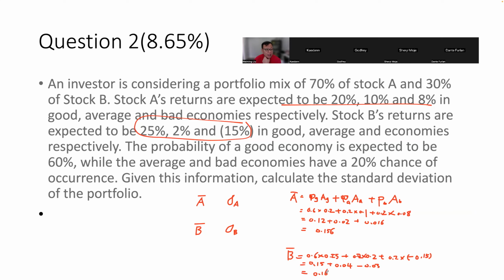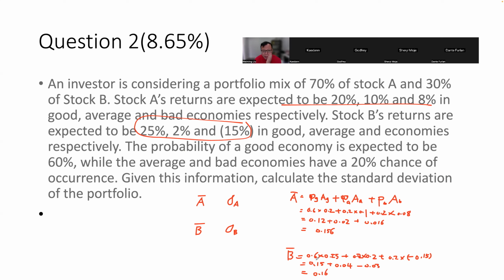Is that correct? For the average of B, did anyone get this number? The expected return of B should be 0.16. Is that correct? 0.124.